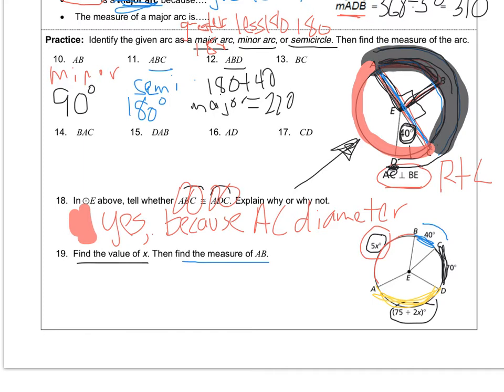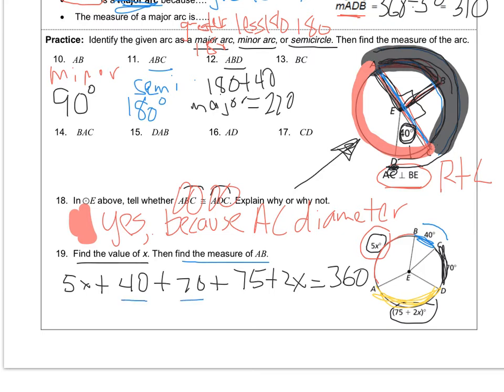That's right, 360 degrees. So that means that first arc, 5x, plus the next arc, which is 40, plus the next arc, which is 70, plus the last arc, which is 75 plus 2x, all those have to add up and equal 360, right? Well, now combine your like terms.